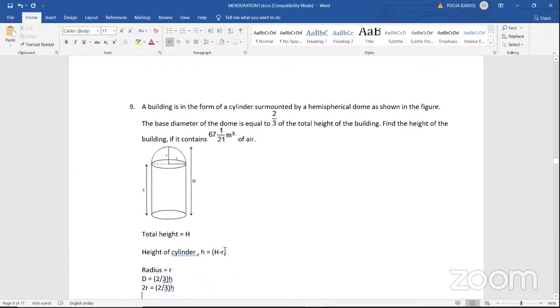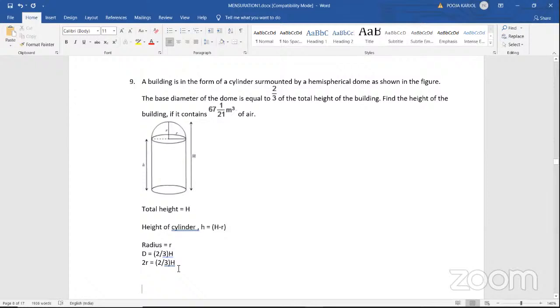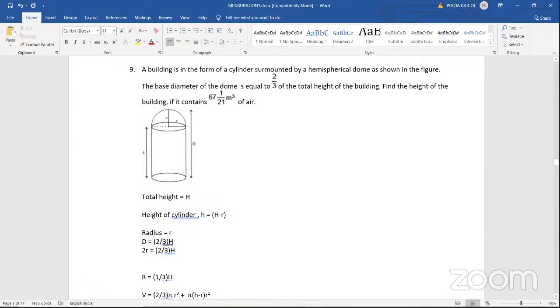Then radius is R. The condition they've given is B is equal to 2 by 3 H. So 2R is equal to 2 by 3 H. So R is equal to 1 by 3 H.